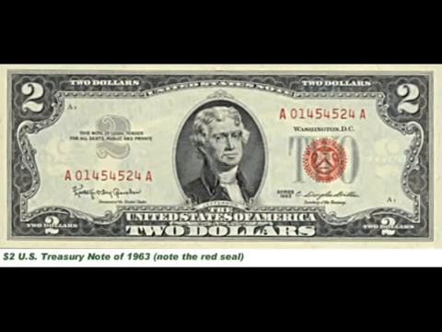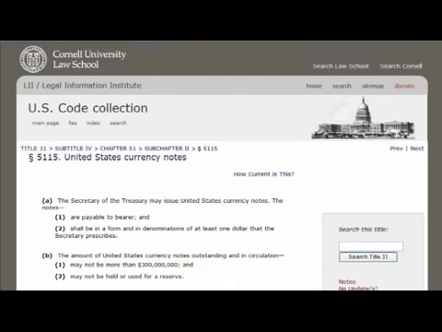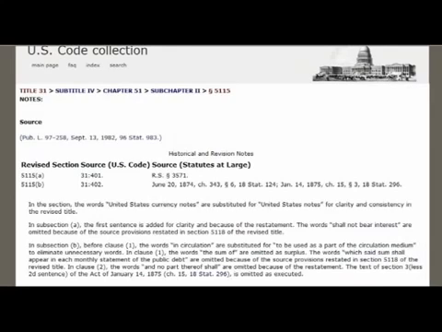The important point to get is that Congress has never enacted any legislation to take United States notes out of circulation. At the beginning I showed you Title 31 United States Code Section 5115 defining United States notes to be inelastic.